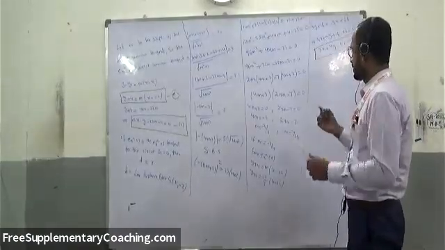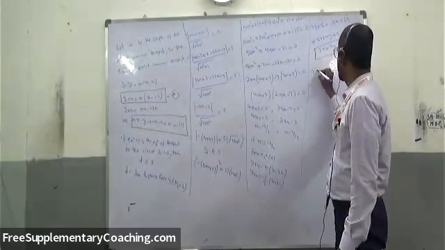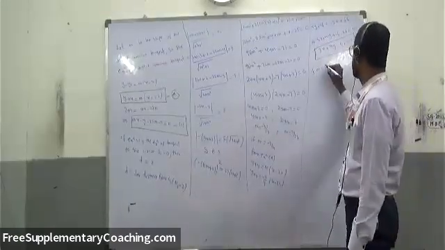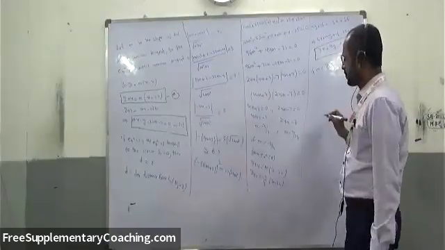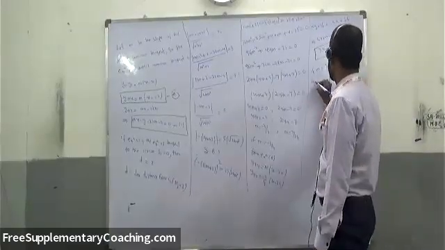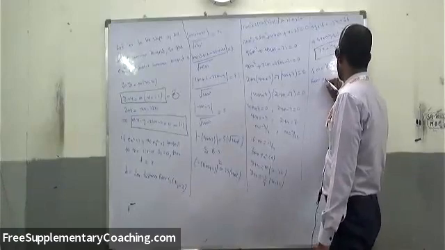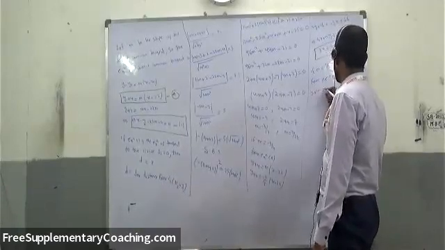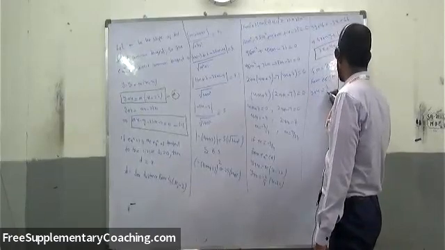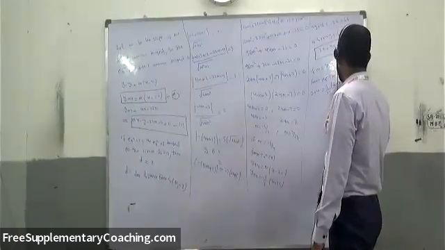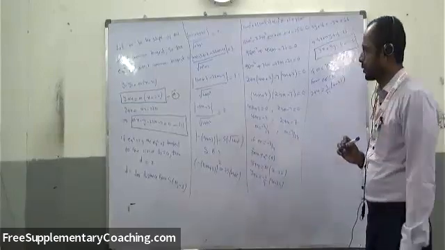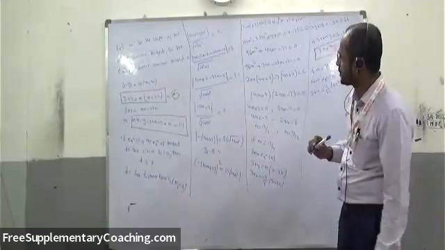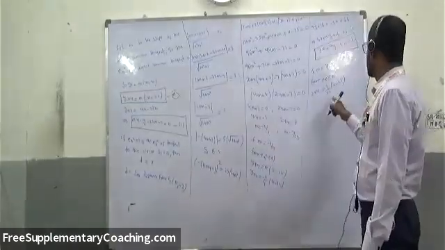Next, the second case. If m is equal to 7 by 24, from the same equation A, that is y plus 4 is equal to m, in the place of m 7 by 24, into x minus 22.